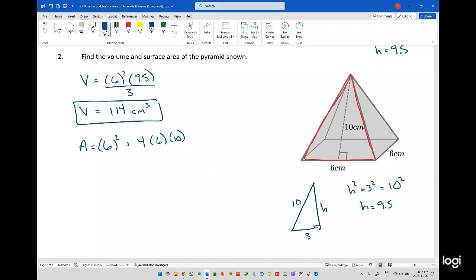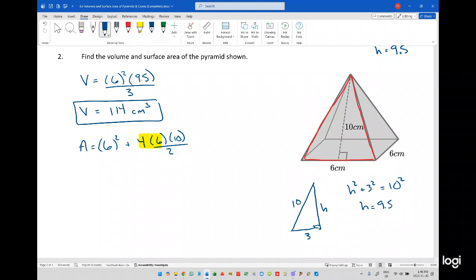It's the slant height of the pyramid, but it's the height of the triangular side if I actually just look at the triangle. So base times height divided by 2. And if I use the equation that I actually gave in the lesson at the top there, that was perimeter times height divided by 2. But the perimeter of the square base is just 4 times 6. So you're going to get the same thing.